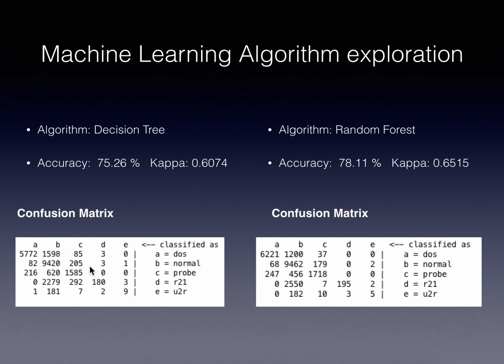And here we can see that the decision tree truly has a better accuracy and kappa here, with a 45% and a kappa 0.6. And here random forest has an accuracy of 78% and kappa of 0.65, and with both confusion matrices of these two algorithms.